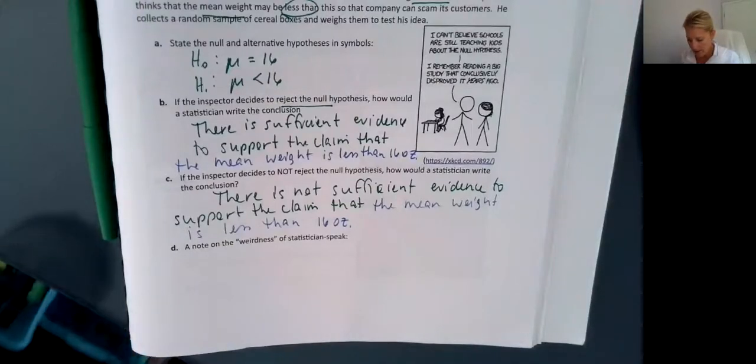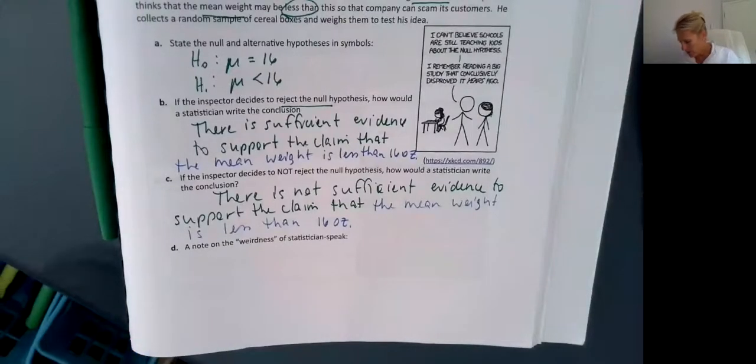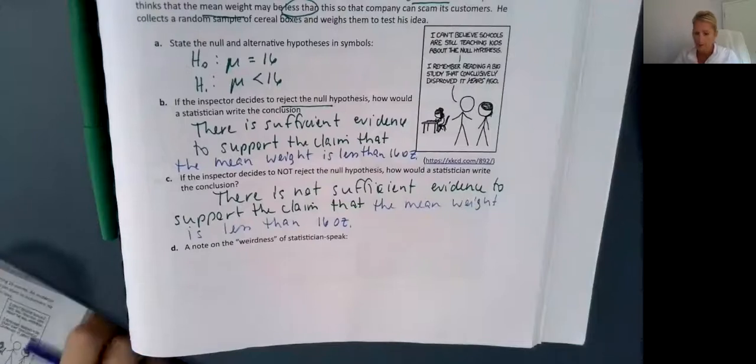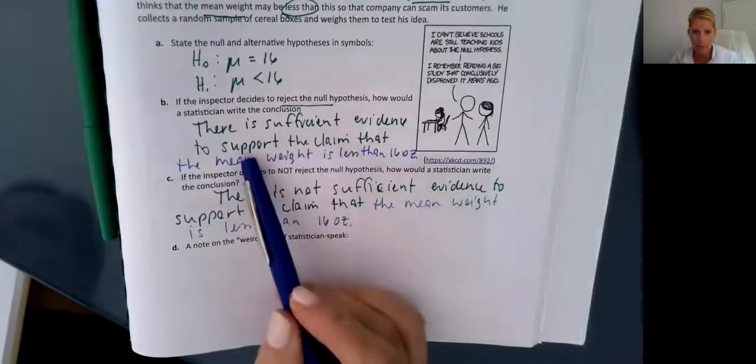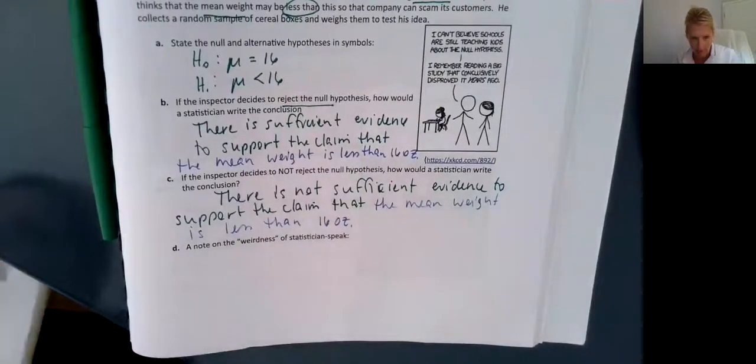So you're always filling in the description for H1, but you're either saying yes, there is sufficient evidence to support, or you're saying no, there is not sufficient evidence to support.